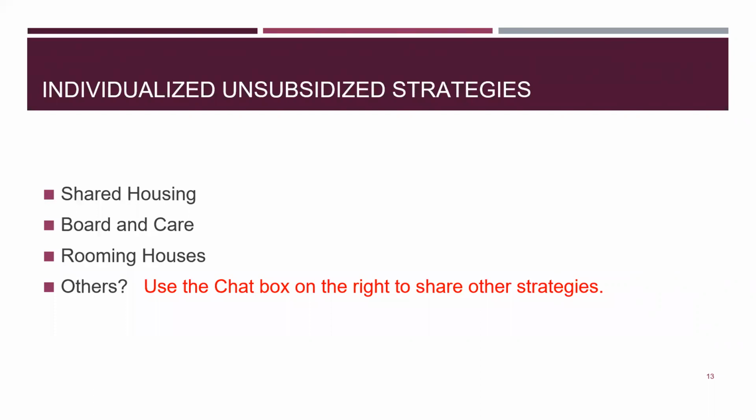However, they're starting to make their way back, because people rent a room and still have ownership over their living situation because they pay rent and they may have a lease, so they have some rights, and that's an important thing. And just asking, what kinds of ways have you solved housing without subsidies? If you'd like to use the chat box to put some notes up, that would be great.